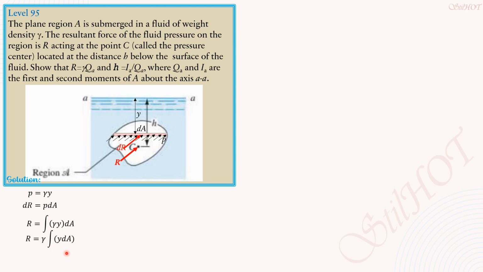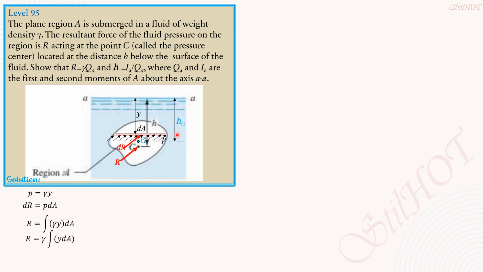So from calculus, this integral of y dA is the first moment of area, which is equal to area times the distance of the centroid, or QA. If this is the centroid of the area, then that's the first moment of area with respect to axis AA.